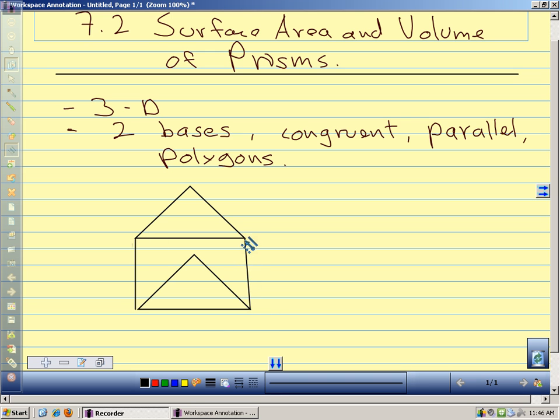And we'll connect the edges here. So there's our prism. The other part that we need to know about is the altitude. So I'm going to draw a segment in here. I'll do it in red. Let me make it so it's a little easier to see. There we go. And this red segment makes a 90-degree angle with each base.